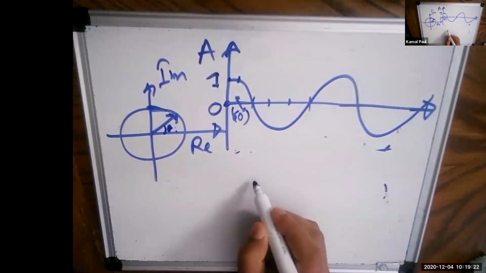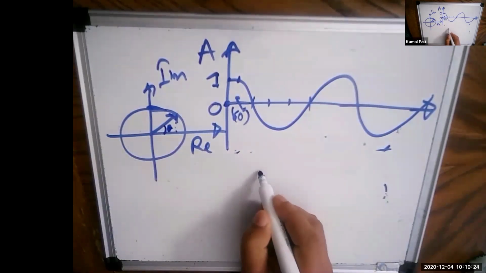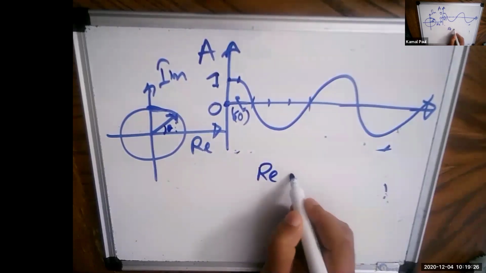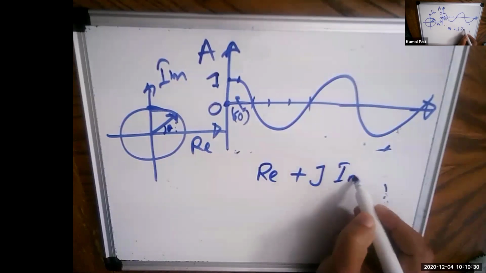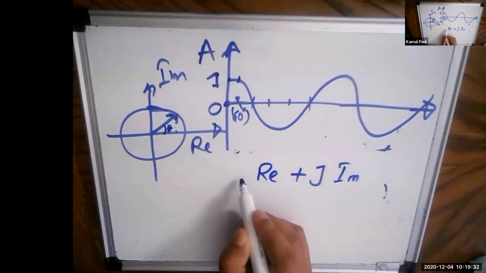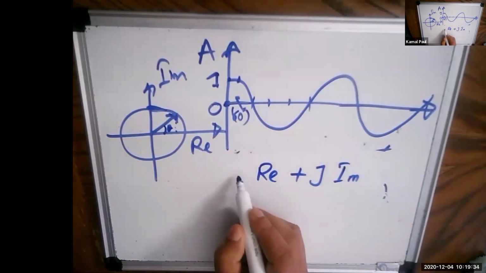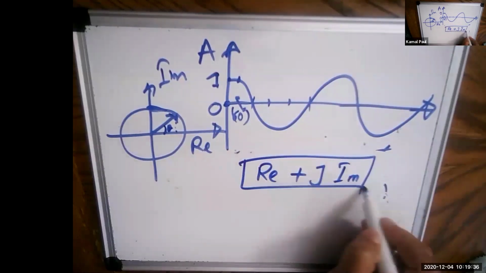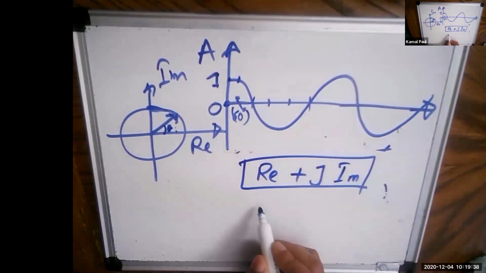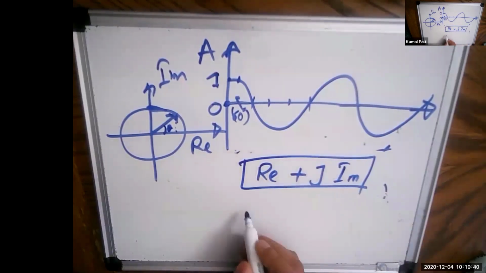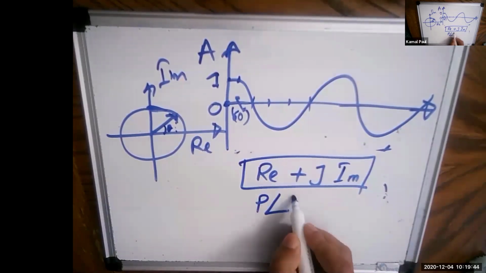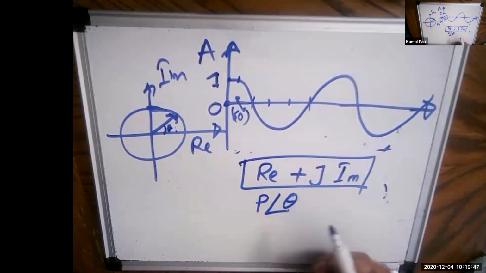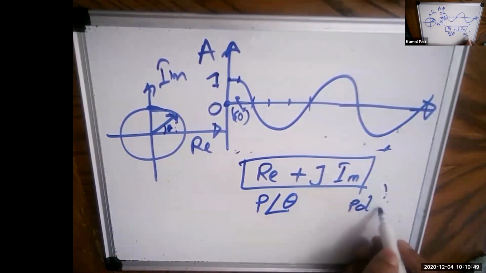So we can say it has some real value plus j some imaginary value. Either we can express in this form, and this is called rectangular form, and this one can be converted into polar form. That means some value and some angle theta. We call this polar form.